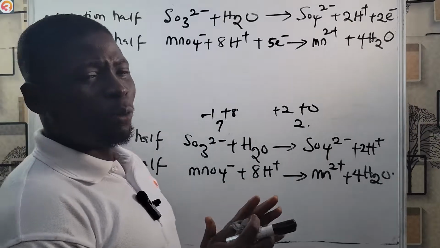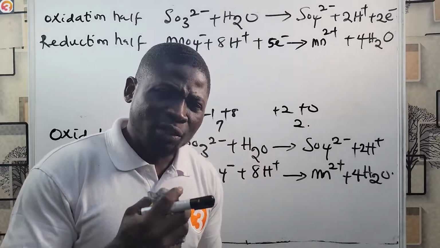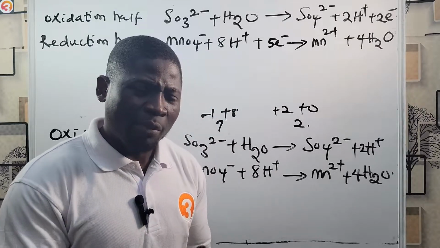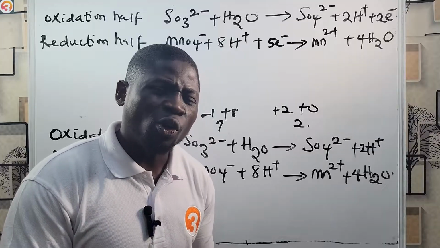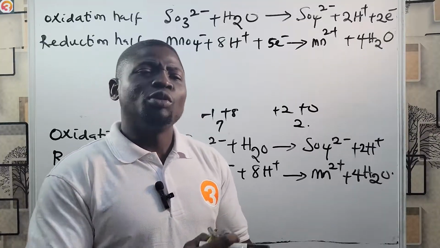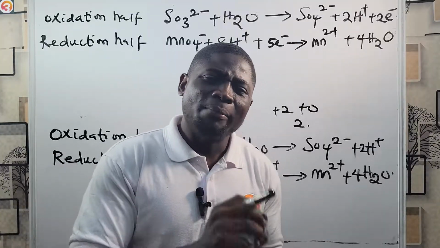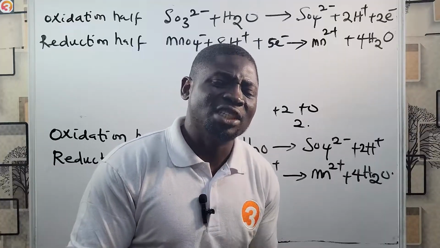The next step is to balance the charges, because the number of charges on the reduction half must be equal to the number of charges on the oxidation half. So we need to balance the charges by multiplying with appropriate integers.